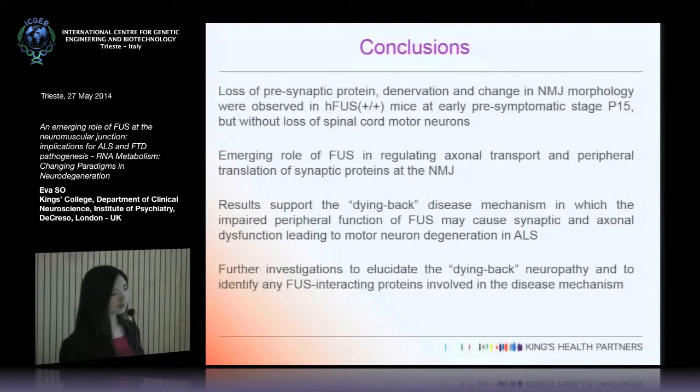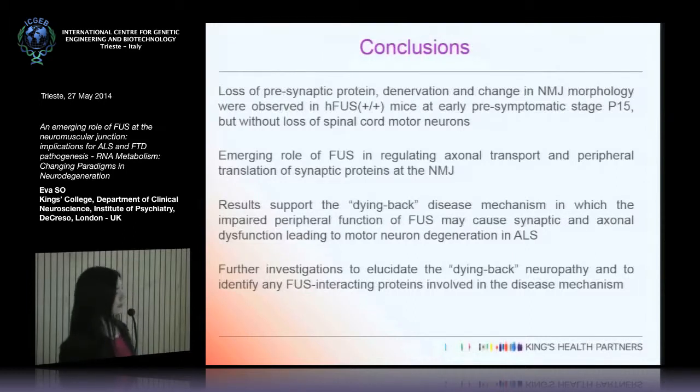So this together suggests that there may be an emergent role of FUS at the NMJ, which regulates axonal transport or maybe also peripheral translation of the synaptic protein synaptophysin at the NMJ. So our studies support a dying back disease mechanism, in which impaired peripheral function of FUS may actively cause synaptic and axonal degeneration, and then motor neuron degeneration up in the spinal cord.